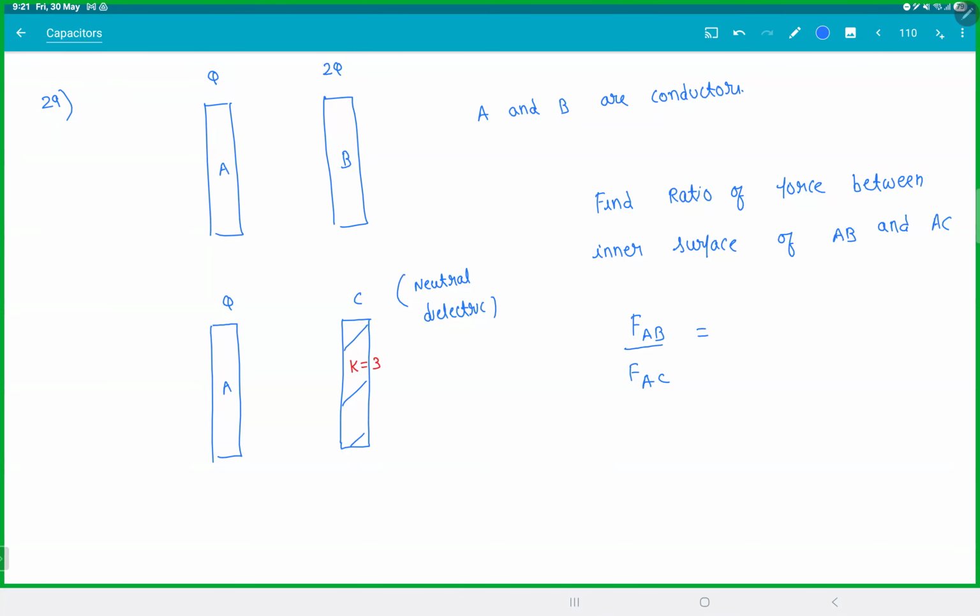I'll give you a minute more. I just want the forces between the inner surfaces. 3 is to 1. Weird. Let's see.